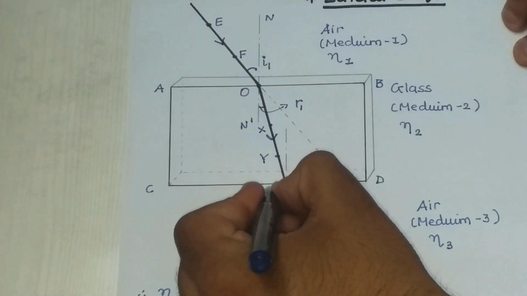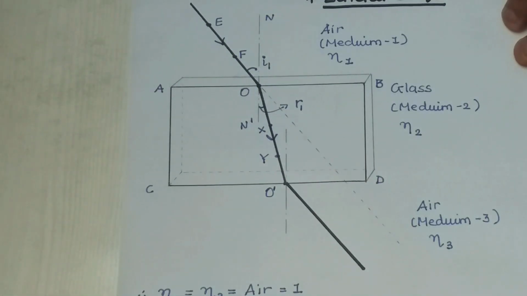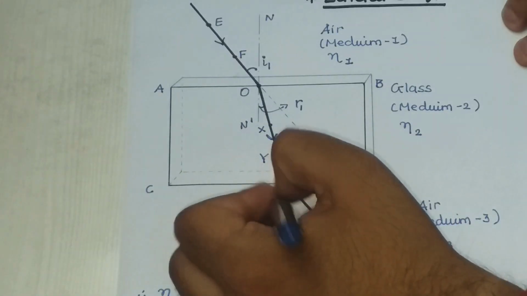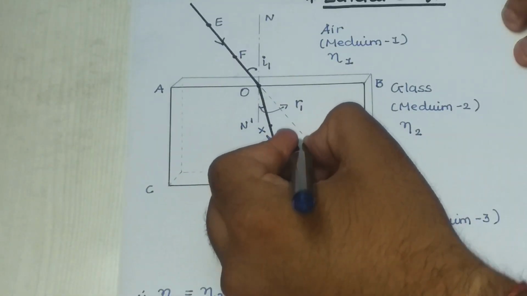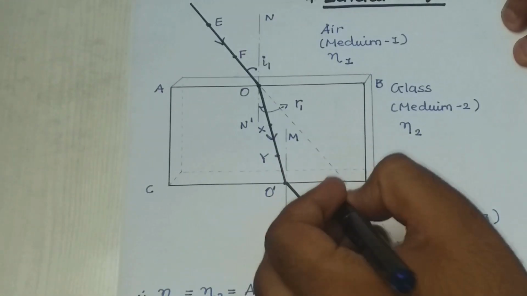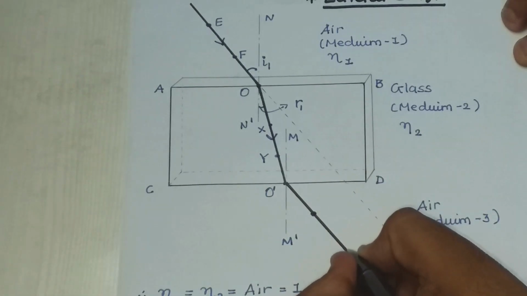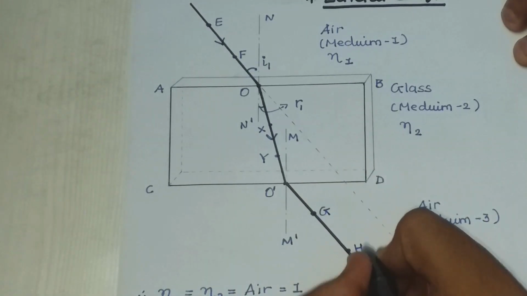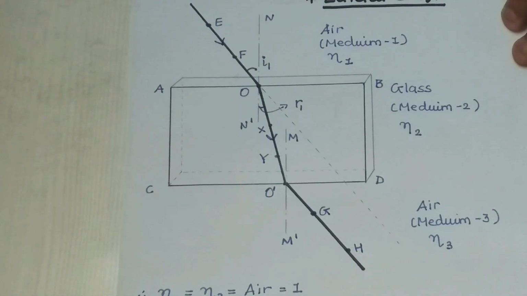Here again is one incident point; let us take the name O dash. Here is the normal, which we name M dash, and here again refraction is done. Let us give the names G and H. When the second refraction is done, it is called emergent, so GH is the emergent ray.